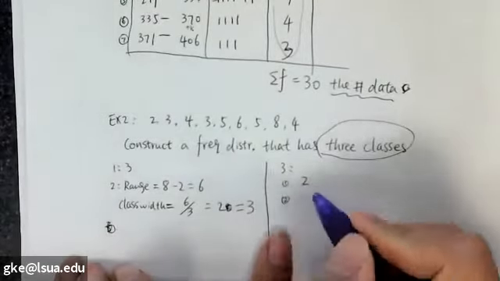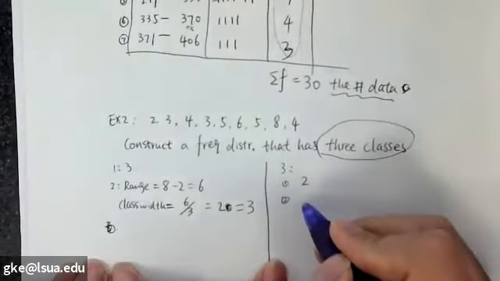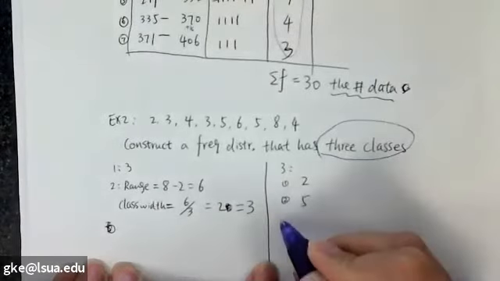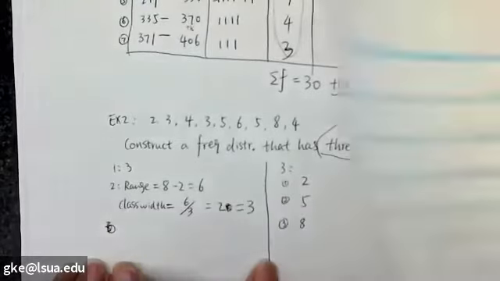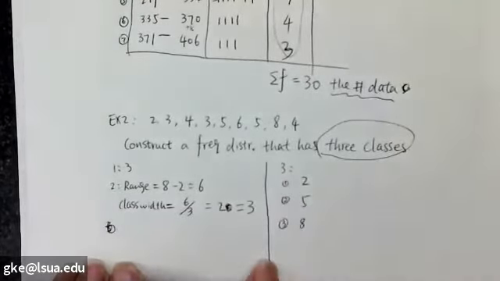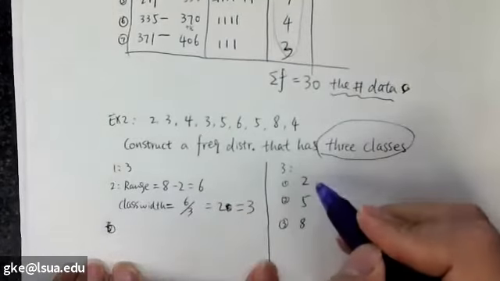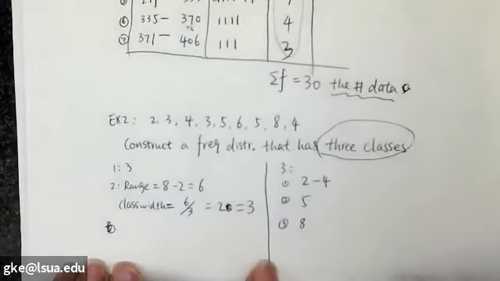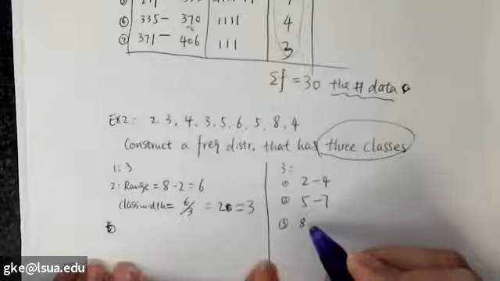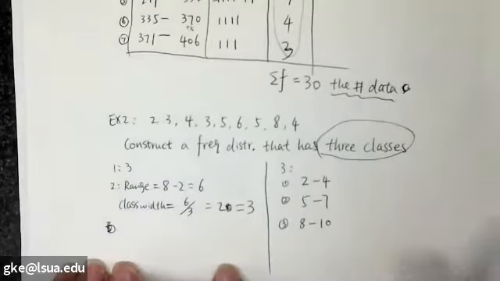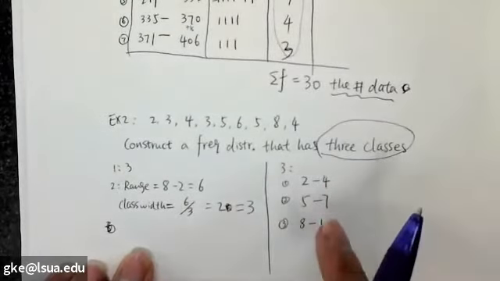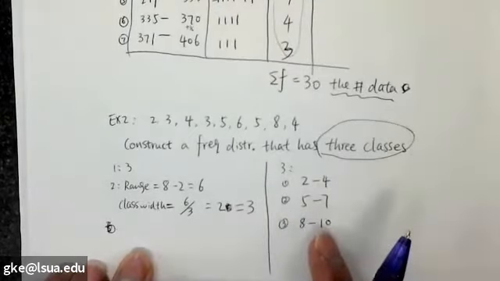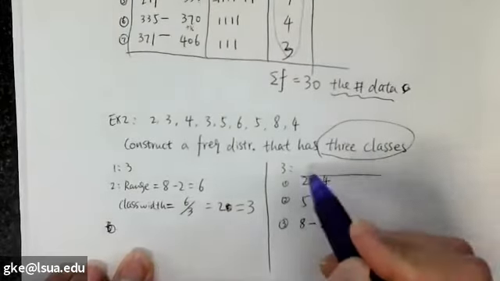Now the second class should be 2 plus 3, 5, right? And the third class is gonna be 8. Clear? Now the upper class limits should be 4 here, 7 here, and 10 here, right? Should be 10. Do you understand how I get the lower limit, upper limit? Very simple.